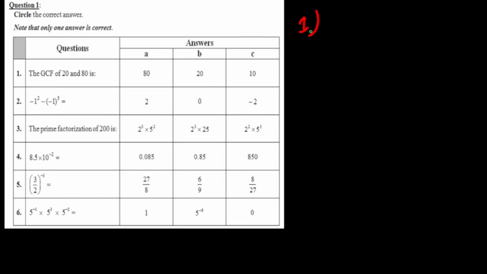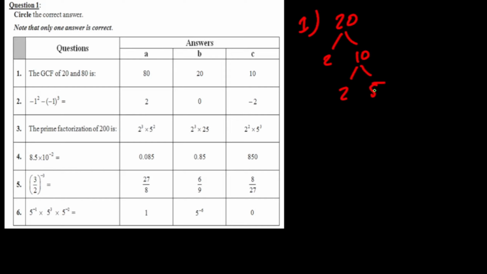Let's start off. Starting with the first question, we have to find the greatest common factor of 20 and 80. Starting off with the 20, I'm going to use the factor tree. 20 divided by 2 is 10, 10 divided by 2 is 5, and 5 is a prime number, so we stop.